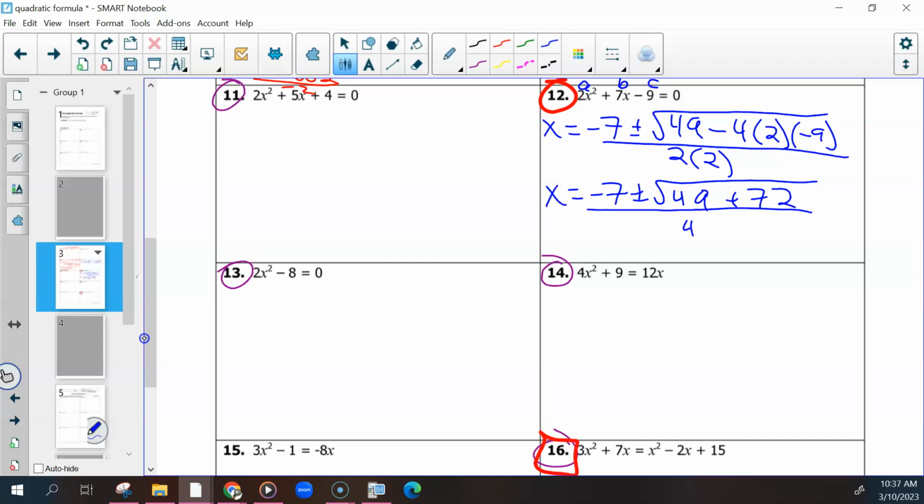Add 49 and 72 together, what do we get? Plus. I feel like someone said it, but I didn't hear. Is 121 a perfect square? Yes. What is the square root of 121? 11.